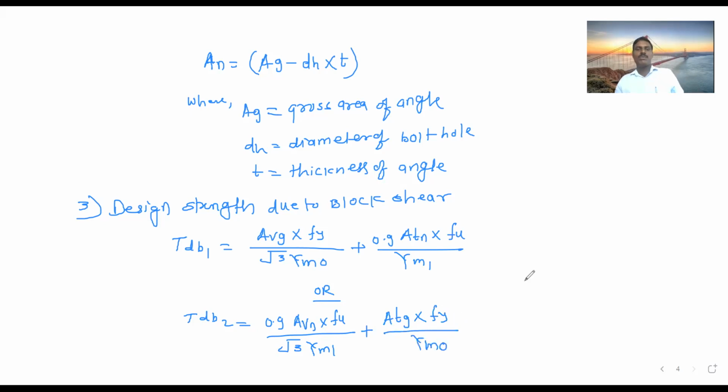These two formulas we have to use for calculation of design strength due to block shear. So write down the formulas. Here four areas we have to calculate: AVG, ATN, AVN, and ATG.